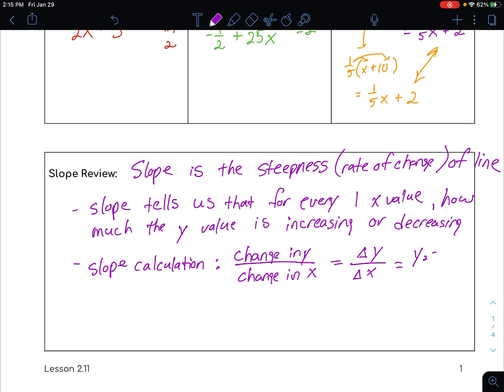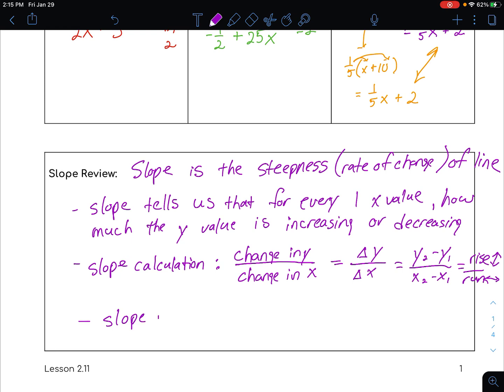And we can subtract the y values of the 2 points to determine that change, and subtract the x values of the 2 points to determine that change. And sometimes we think of it as rise over run, which is the vertical change compared to the horizontal change. So there's a lot of different ways we think about slope. Ultimately, it's the change in y over change in x, which is the same thing as saying rise over run.